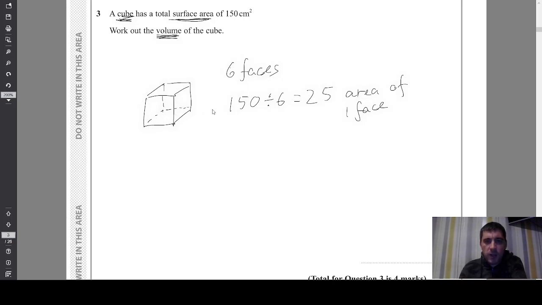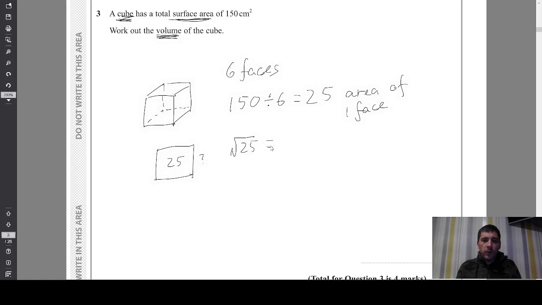Okay, so I know that each face is made of squares, so if I've got the area of a square as 25, to work out the side I need to square root, because I need to work out what number multiplied by itself makes 25. Okay, so let's square root 25.